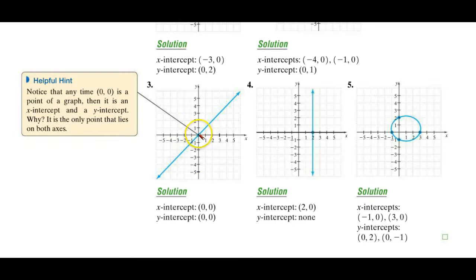The only intercept that they have, as we said, for both the x and the y, was the origin. Now for this one, it doesn't have a y-intercept. It only has an x-intercept, which is 2, 0.